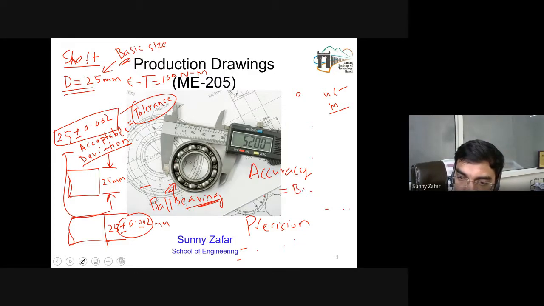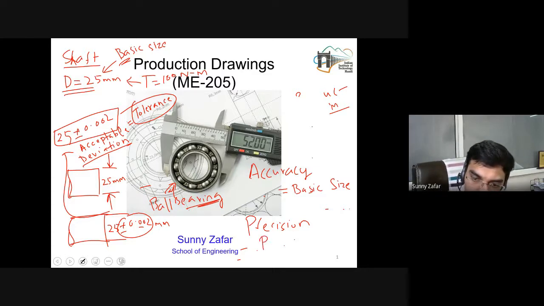Here we are referring to everything with respect to the terminology of machine drawing. So if you are able to produce the diameter of the shaft equal to the basic size, your process is very accurate.